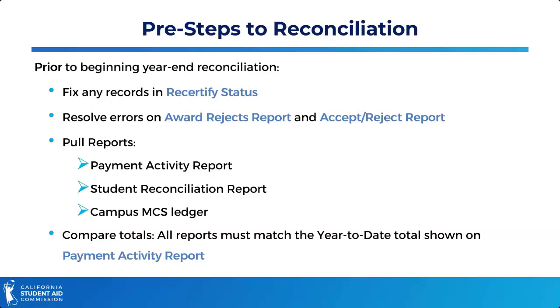Then you want to pull the reports that you will need, such as your payment activity report, which shows annual total funds received from the commission, and the student reconciliation report, which provides a list of students who have reconciled payments to date and reflects total Middle Class Scholarship disbursements reported in WebGrants. Only payments greater than zero will appear on the report.